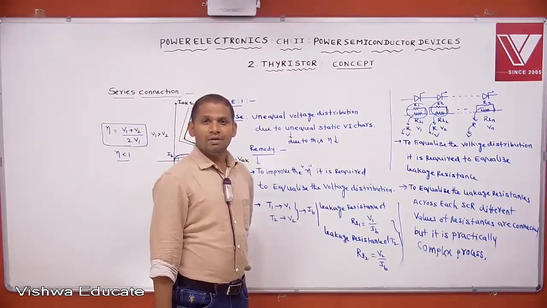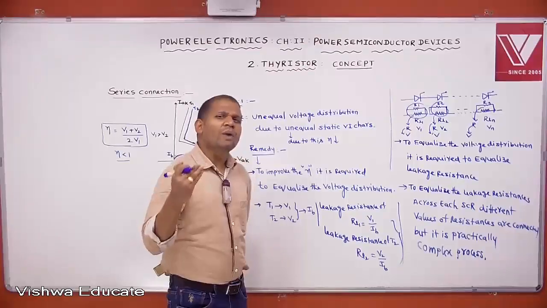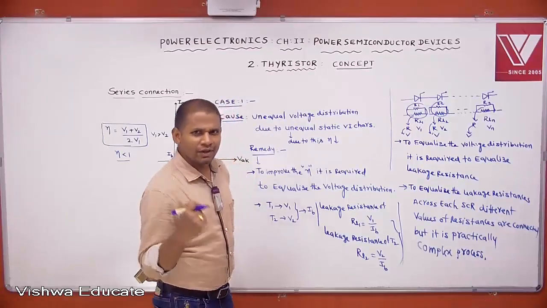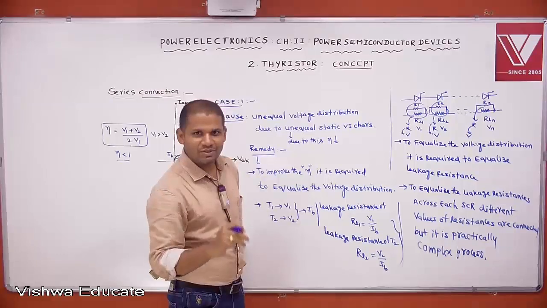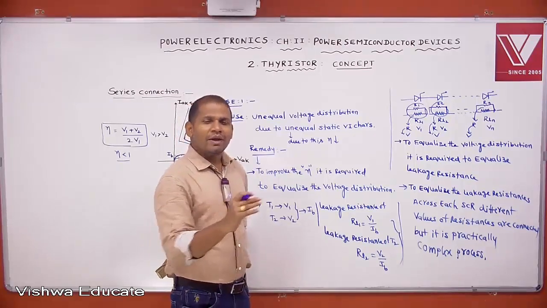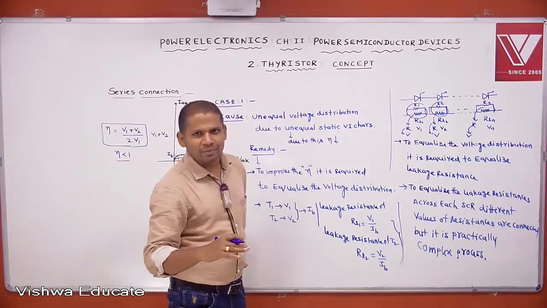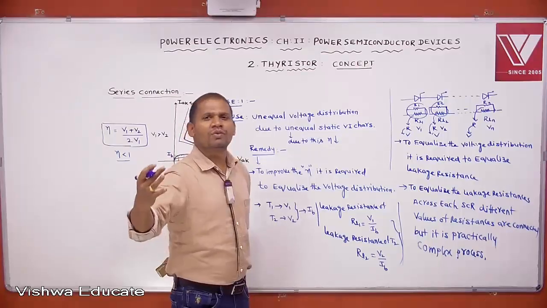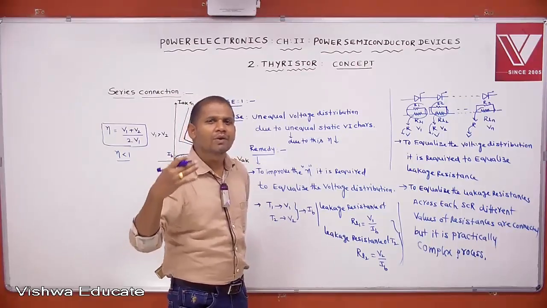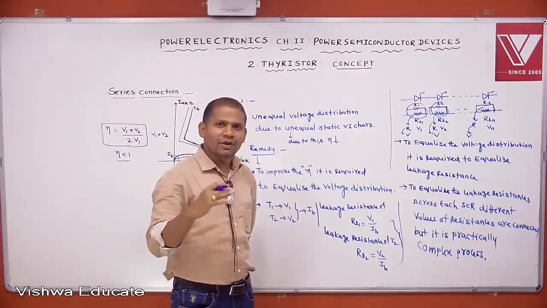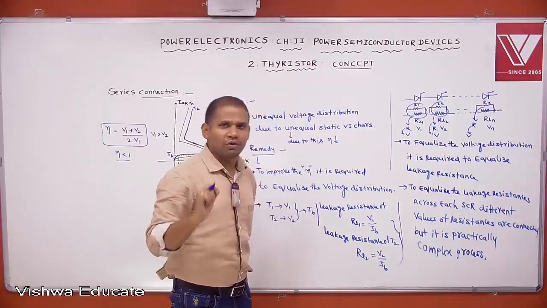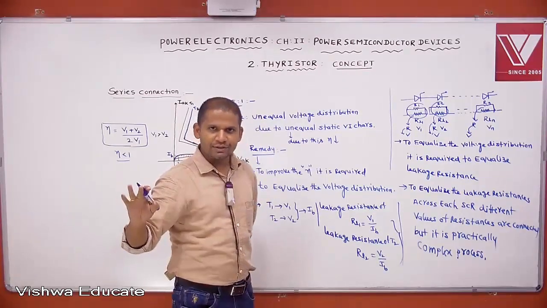Then, for approximate equalization, not exact equalization. There is no need to bring exactly 100% string efficiency; it is not possible. For example, if string efficiency is 30%, we want to improve it up to 50%, 60%, or 70%. Like that we want to do.